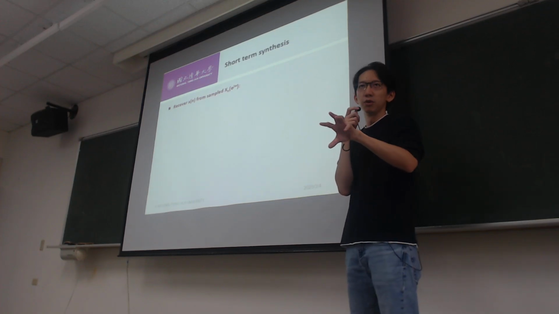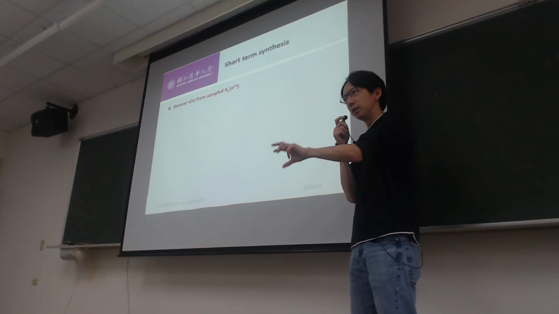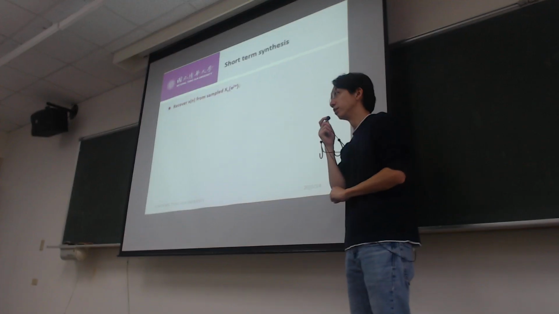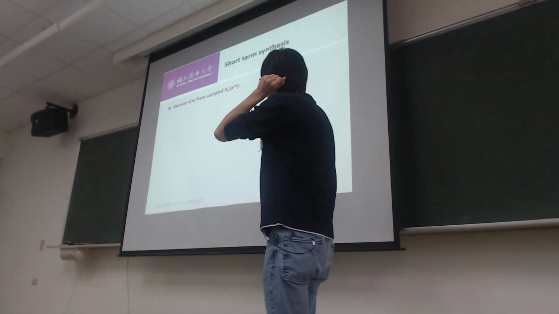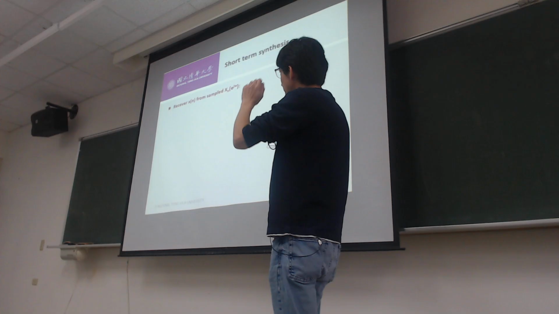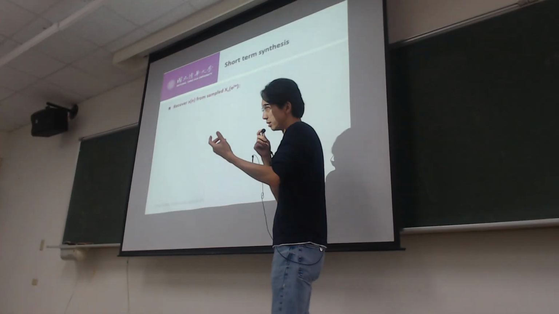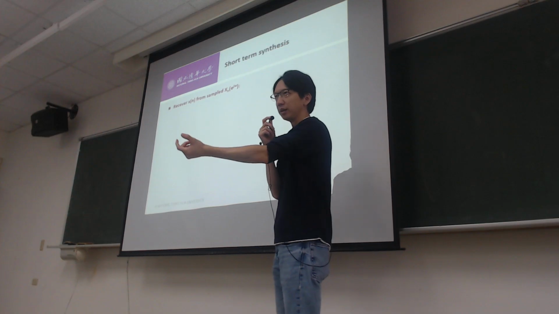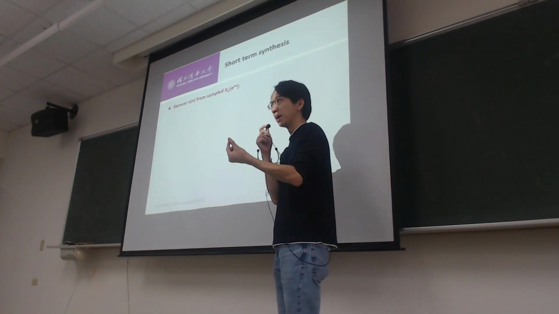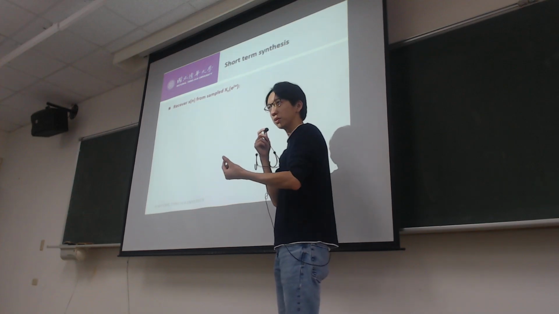Taking the Fourier transform is analysis, and taking it back to the time domain is synthesis, short time synthesis. So how can we recover the original signal x[n] from the short-time Fourier transform X_n(e^{jω})? It's called short-time because essentially you take a segment out of the signal and do a Fourier transform.